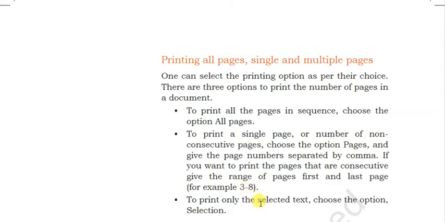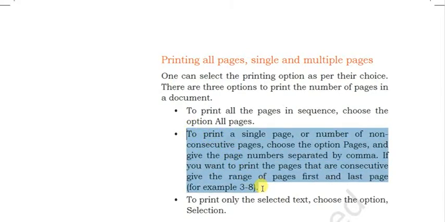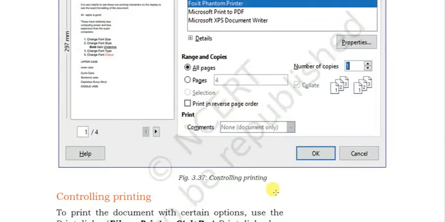And if you want only the selected text, suppose you have selected this text like this, you have dragged your mouse and you want to just print this text. So you can click Ctrl P and you can choose selection. Okay, where it is here. This will be enabled if you click Ctrl P after selection. You can click on it and then click OK.